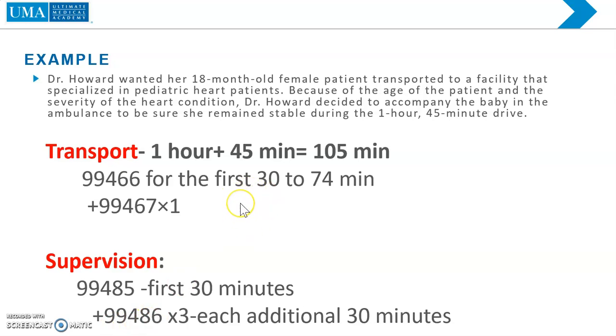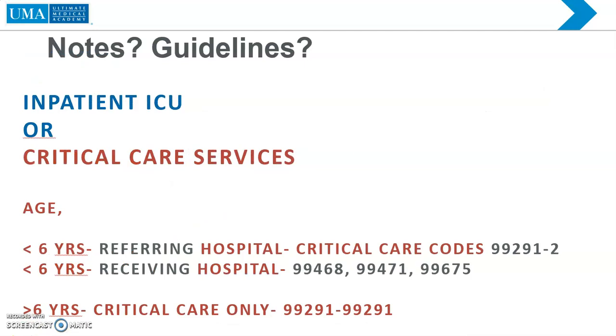So remember, this is a very important part of your calculation, right? And I am not very good in calculation, so I have to make sure I understand, highlight, add, write down notes, however I can to know exactly how many minutes am I coding for each code. So make sure you have a good understanding of that. Remember, everything I'm teaching you has already been written down in your documentation, in your notes, in your guidelines within your CPT coding manual.